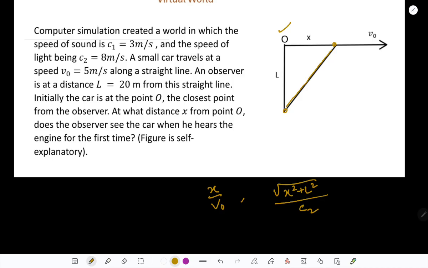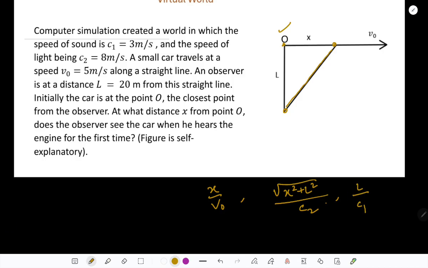So the light ray from the car takes time to reach the observer: under root x square plus L square by c2. And the sound emitted was here at point O, because the observer can see and hear for the first time here, so the sound was created right at point O. The sound must reach the observer at the moment when the light reaches the observer, and the time taken by the sound emitted at point O will be the distance L by c1.